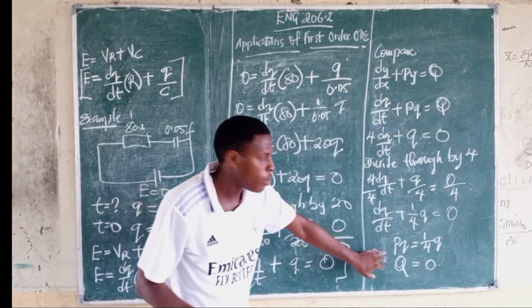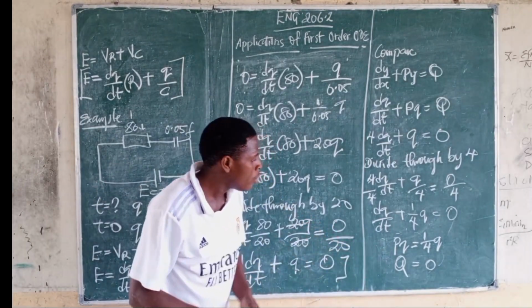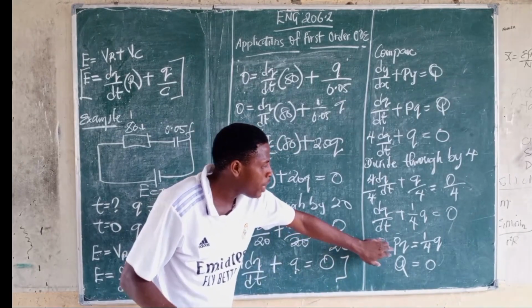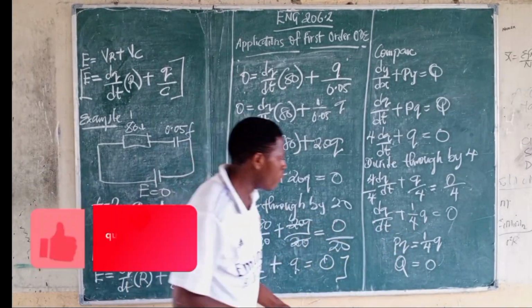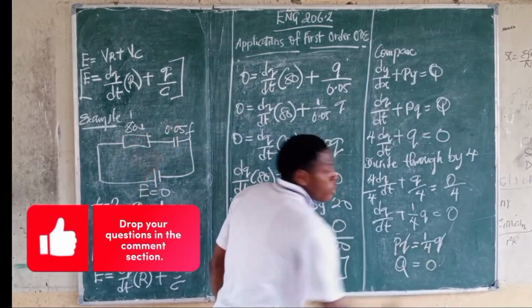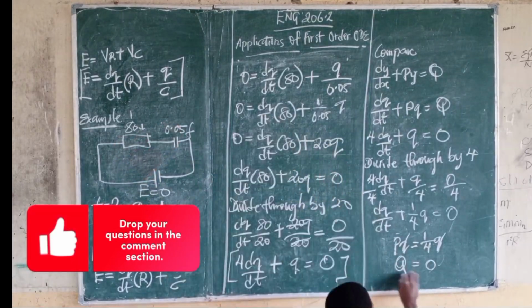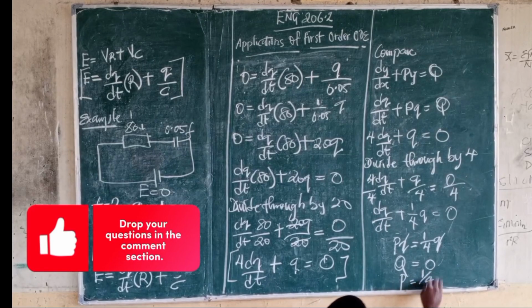After comparing to get P and Q, here we are getting PQ, so we remove this Q. To remove it, we divide through by Q, and we are left with P equals 1 over 4.